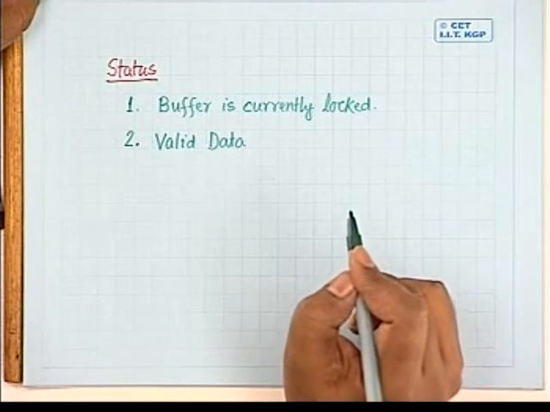It may so happen that while doing some processing, the system might find out that whatever data it has loaded from some block into the buffer is faulty or corrupted data. Immediately the buffer has to be invalidated so that no other process tries to access the same data from the same buffer. So another information in this status field is whether the data is valid or not.